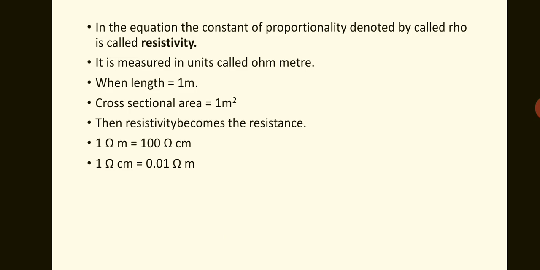One ohm meter is equal to 100 ohm centimeter, and 1 ohm centimeter is equal to 0.01 ohm meter. These are the relationships.